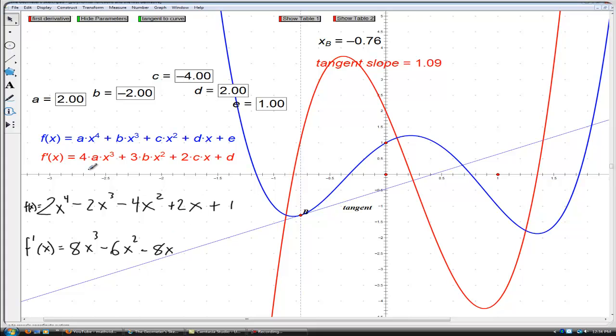That's the third term of my first derivative. And again, the power rule: 2 times -4 is -8. 2 minus 1 is 1. And now, plus d, what's d? 2. Plus 2. Now we have 1 times 2 is 2. 1 minus 1 is x to the 0.